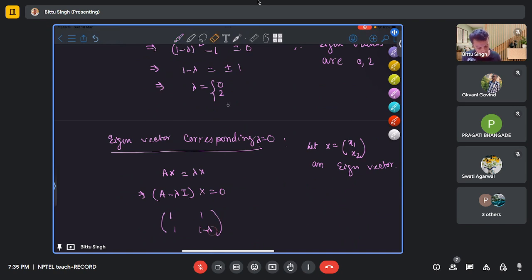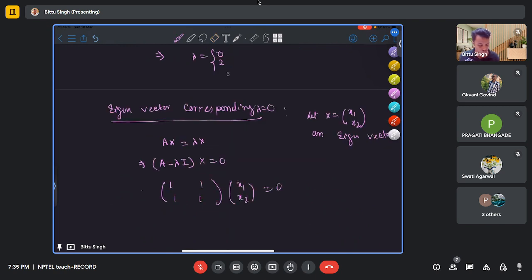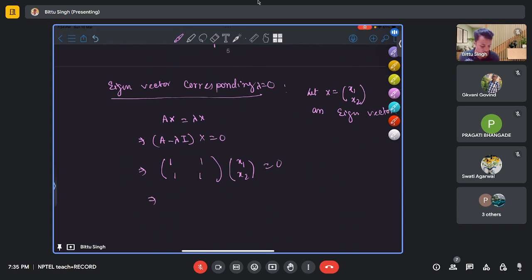So if you put 0, this will be the equation, this times (x1, x2) is 0. So this is the same as saying x1 plus x2 equal to 0, and another equation is x1 plus x2 equal to 0. So the second equation is redundant. This is the same as x1 plus x2 equal to 0.